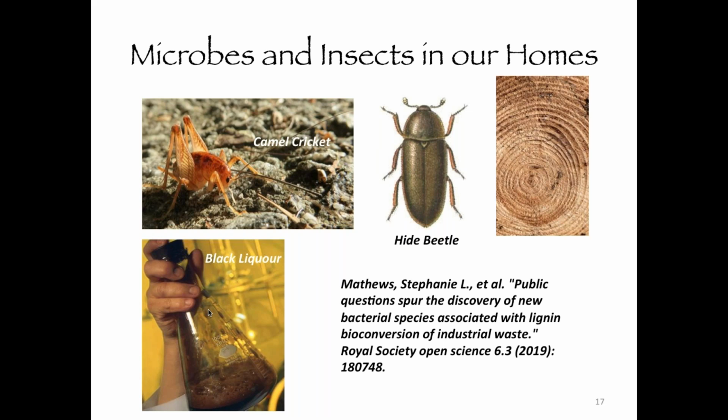This study was able to show that from 3 greenhouse camel crickets and 3 hive beetles, 14 bacterial strains were identified that were capable of growth on lignocellulosic compounds, and the other one could grow with lignin alone. So this is an example of how microbes found in insects in a home could actually provide new information out there that the industry could then use.